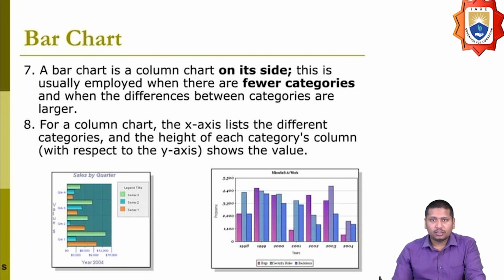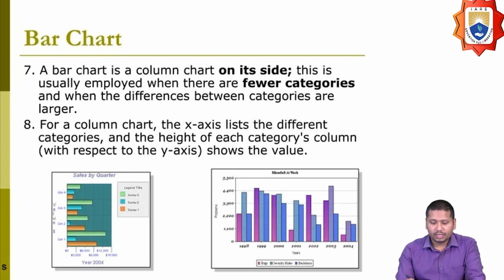So normally what we are going to see is, if you use this bar chart or column chart, the variables are shown on the x-axis, what we call the horizontal axis. I can also represent it on the vertical axis as well. And the height of each category is shown along the y-axis.